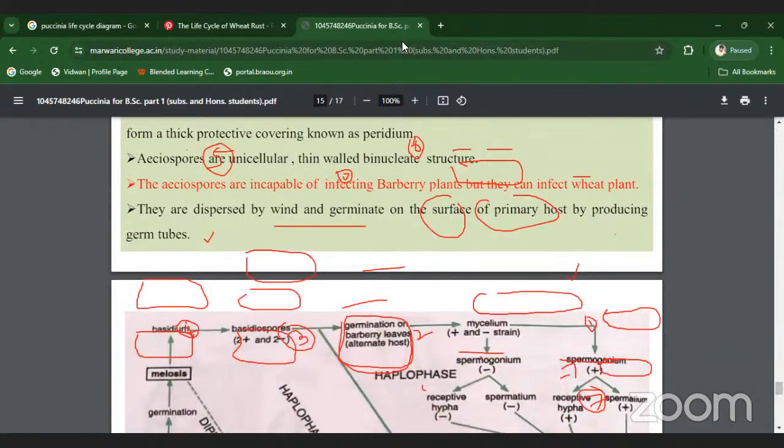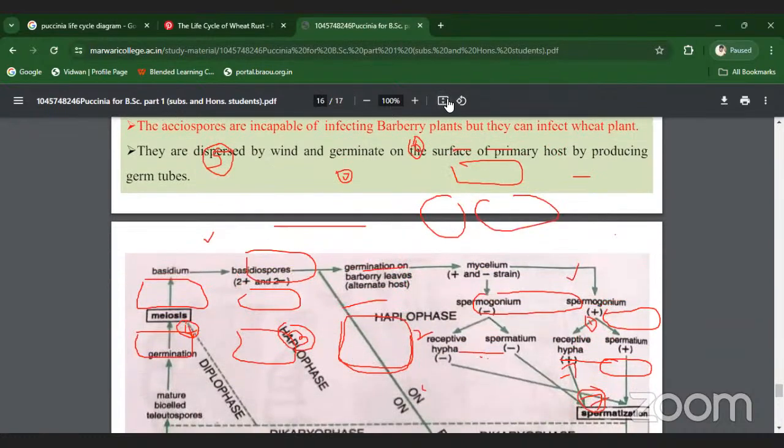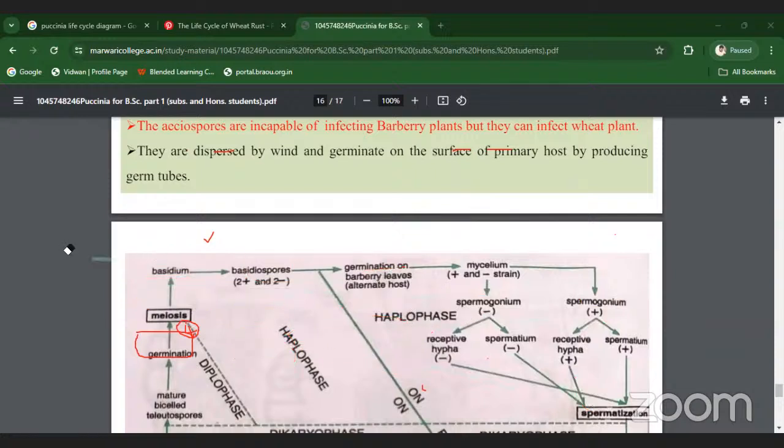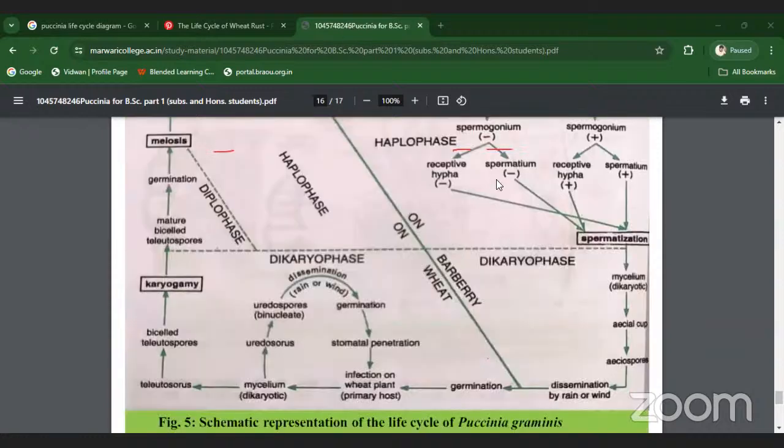So please draw this life cycle. Very important.